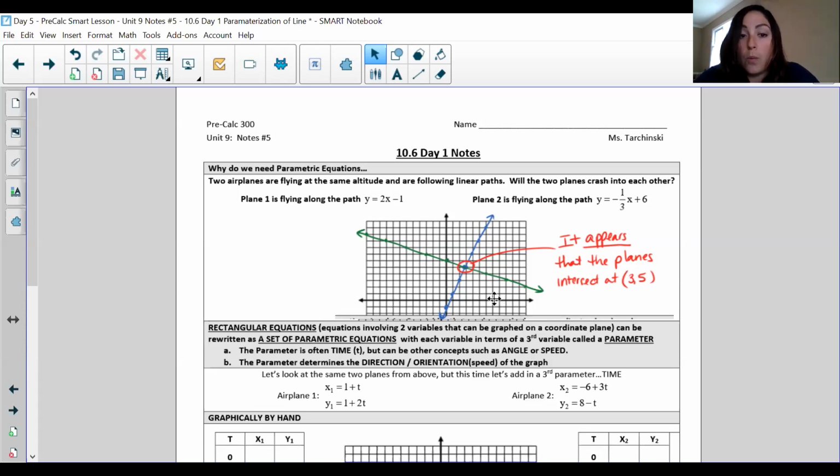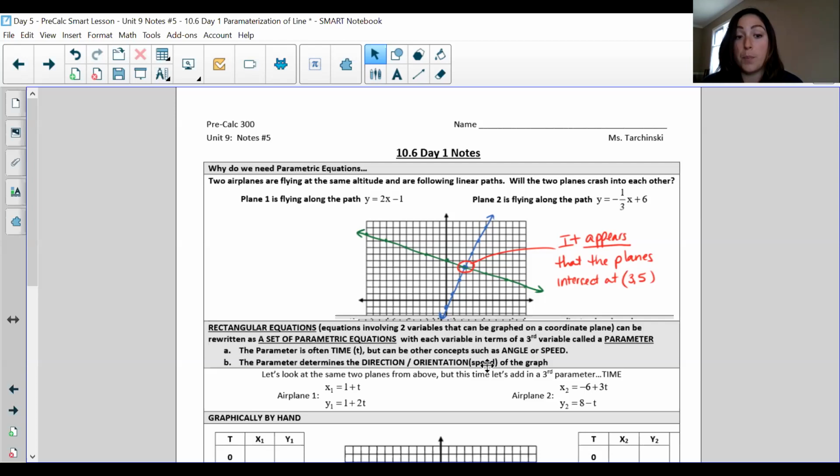Equations involving two variables that can be graphed on a coordinate plane, just like y equals 2x minus 1 and y equals negative 1/3 x plus 6, are what we call rectangular equations. And we can write rectangular equations as a set of parametric equations with each variable in terms of a third variable called the parameter.